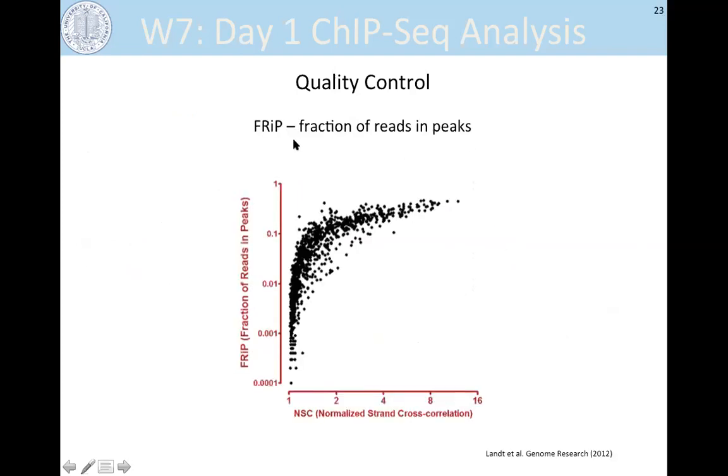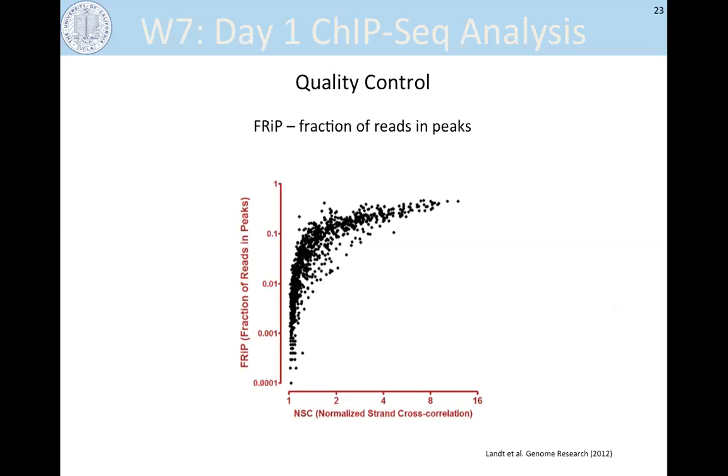So a more simple metric is the fraction of reads in peaks, or the FRiP. So how many reads were found in peaks, or sites of significant enrichment. Typically, if you have close to 10% of your reads in peaks, I would say that's a high quality data set.